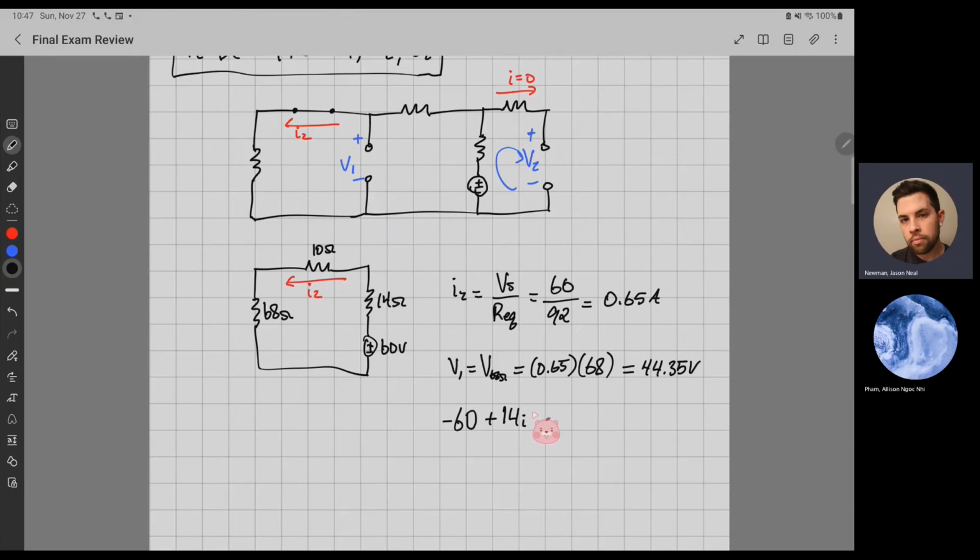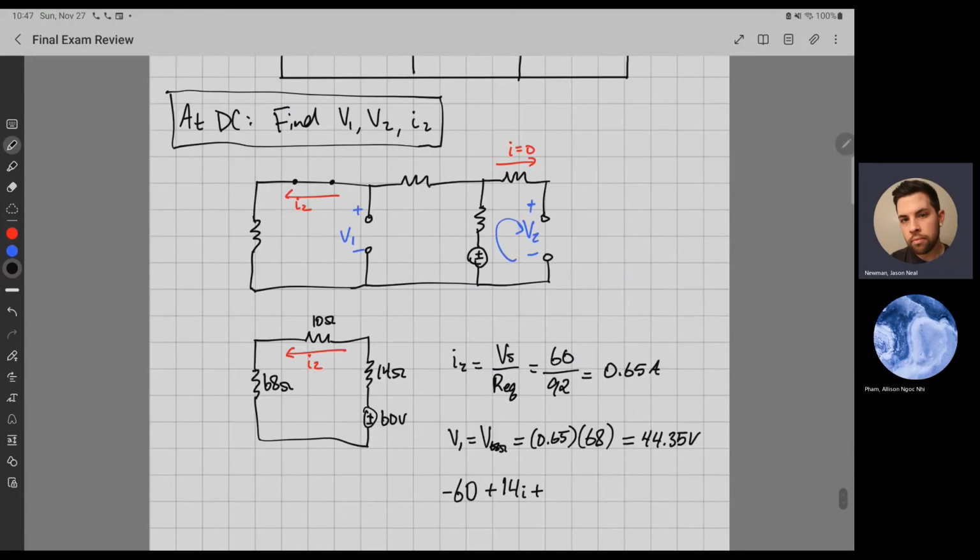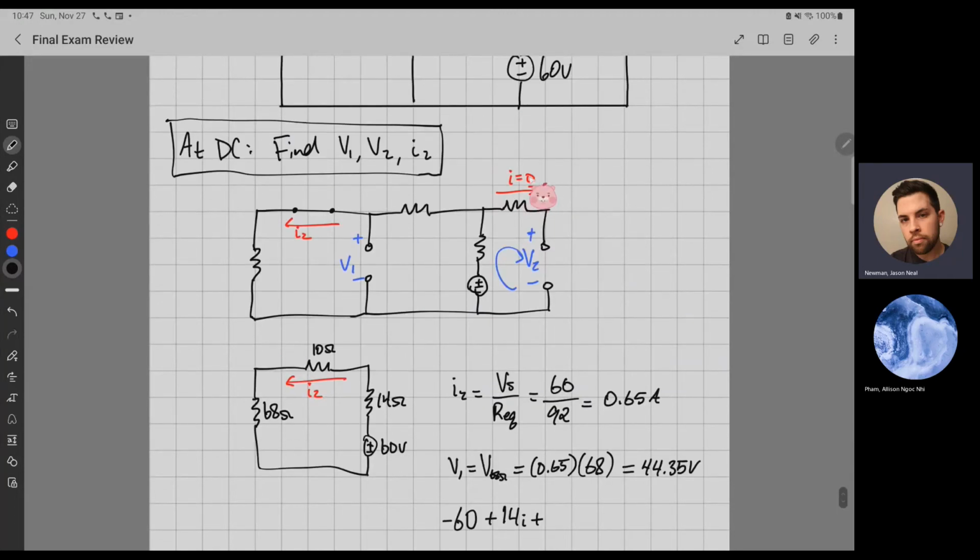Okay, and then next we would say plus, well, the voltage across this resistor right here, since there's no current through it, doesn't matter. There is no voltage across this resistor really, because there's no current. But there is a voltage across this capacitor still because it got fully charged during the DC time, during the time that it was charged from this battery.